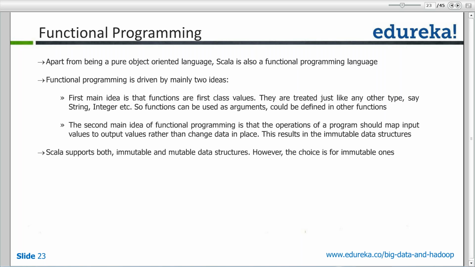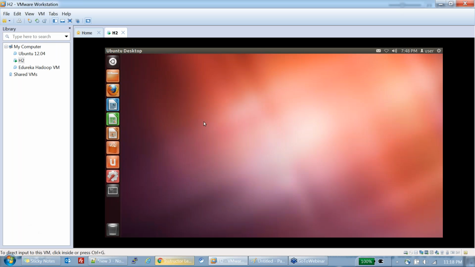This is possible in Java 8, because Java 8 has introduced the concept of lambda functions. That's basically a function inside a function. The second idea of functional programming is that the operations of a program should map input values to output values rather than change data in place. This results in immutable data structures. So I'll tell you, if you work in Scala, Scala also looks like it has a left-hand side and a right-hand side.